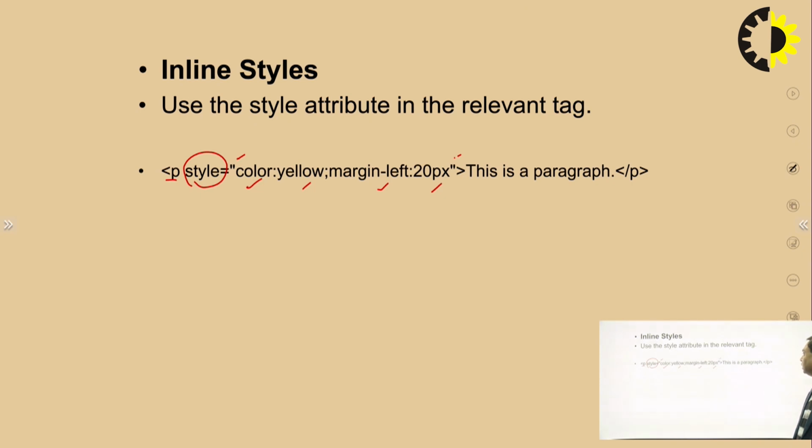So basically this inline CSS is defined within the particular HTML element, and you just use the style attribute of any element and write the CSS. This CSS is only applicable for the tag in which you have defined it.